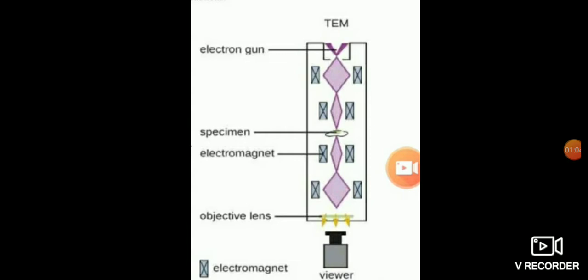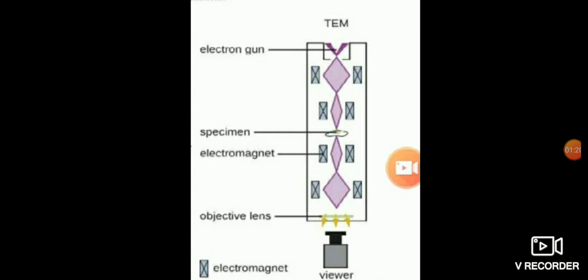Some of these are used in transmission electron microscopy.